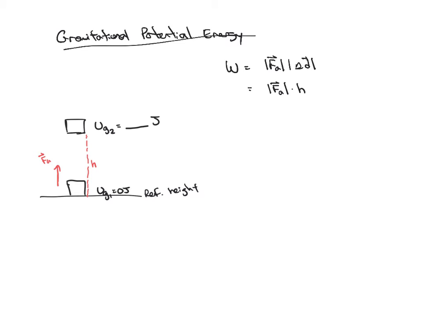Or someone can take their sweet time, have a lower applied force, and make this box gradually, slowly lift up and still get it to the same height. And those would be two different applied forces, and those would be two different numbers of joules. But we don't want that to happen. We don't want it to be 10 joules sometimes and 20 joules the other time. We want it to be a consistent, same number of joules every single time.